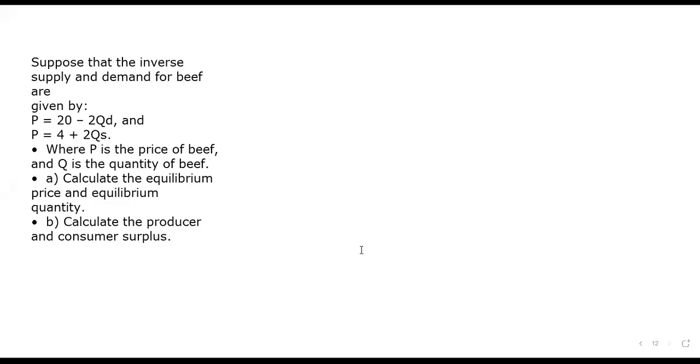Yes, so for me, I immediately converted that equation. I said 20 minus 2Q. So since we want to calculate equilibrium, what happens at equilibrium? Demand is equal to supply. So what is our demand? Our demand is 20 minus 2Q. What is our supply? 4 plus 2Q.